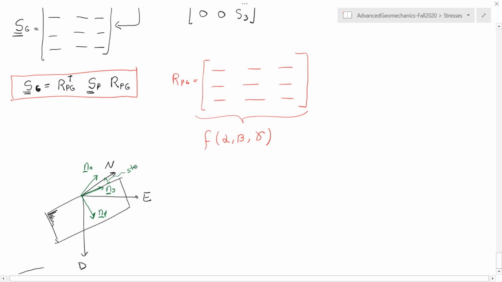So this is the angle of strike. The line of strike is the intersection between the plane and the horizontal plane, and the dip is the angle between a horizontal plane and that plane of maximum slope.